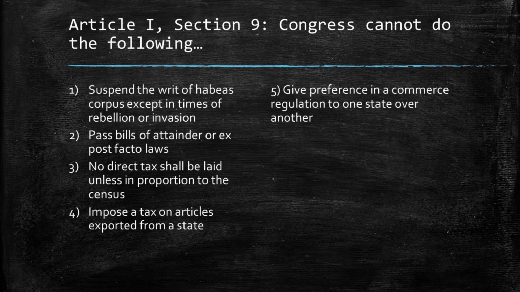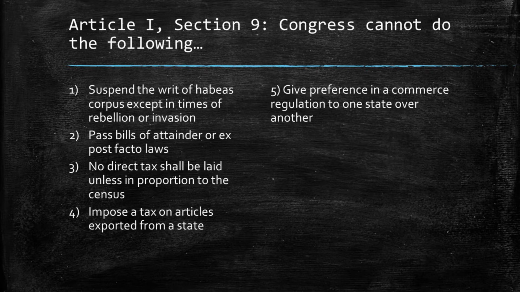There is no preference to be given in a commerce regulation to one state over another. I can't say that all goods produced in North Carolina must be exported via airplane and goods produced in every other state must be transported by train. Right? Two different regulations for different states.